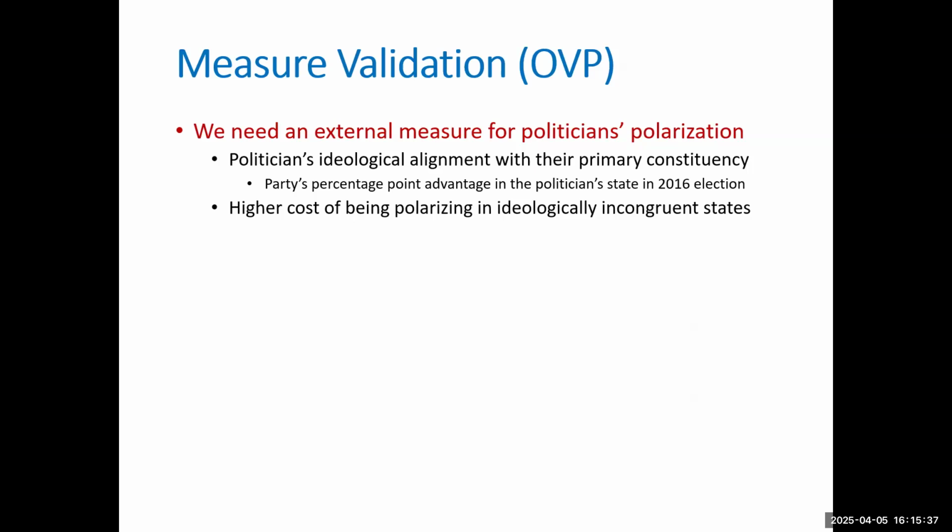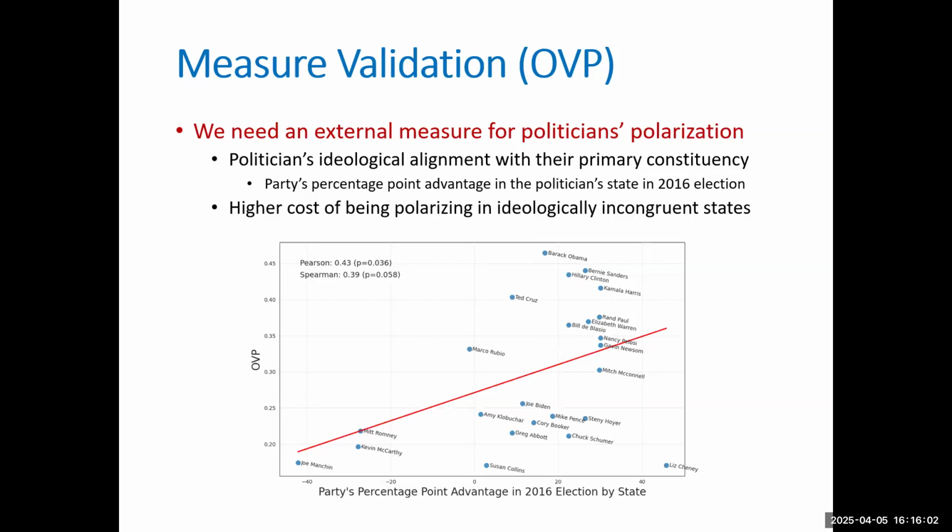The way we measure it is the party's percentage point advantage in the politician's state in the 2016 election. What is the intuition? There is a higher cost of being polarizing in an ideologically incongruent state. If you are a Democrat in Kentucky, it's much more costly to be polarizing. So we use that measure on the x-axis.